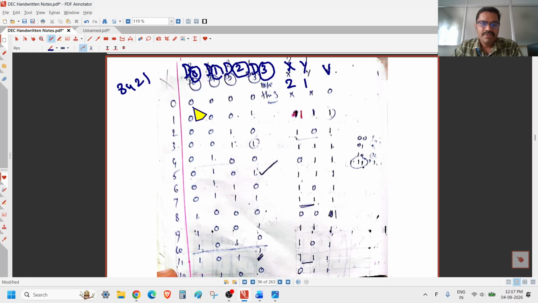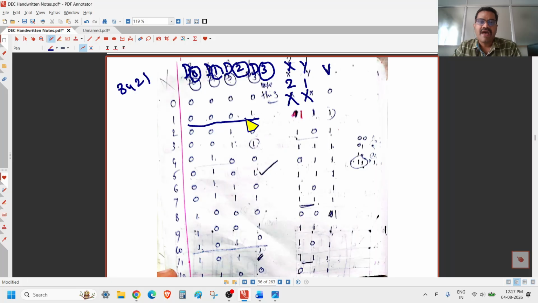Now look at the first input. All the inputs are 0, so there is no priority here. That is why I mention the first output as x x, because there is no priority. The next input is 0001.